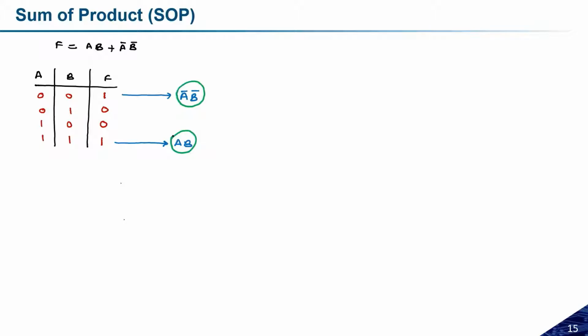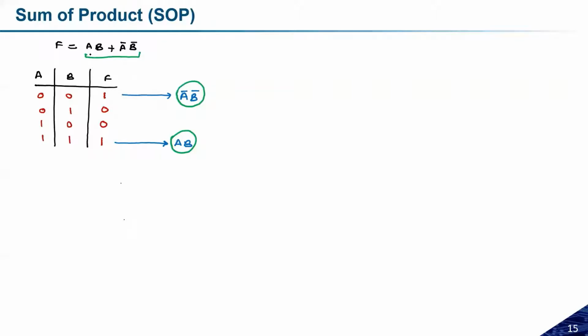One more thing, this is really very important. If I have a function, any other function ab plus a bar b, and in that function, for all the min terms or the max terms, all the variables are present, then we can call it the canonical form. Let me repeat what I am saying. To represent any sum of the product, you can have two forms. One form is the canonical form, and the second form is the minimal form or the standard SOP form.